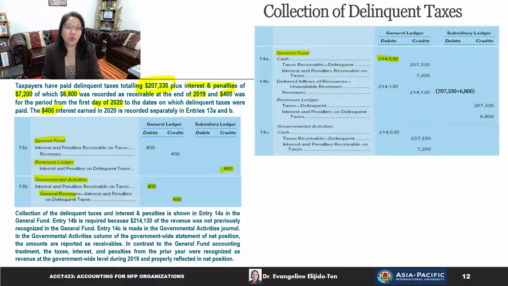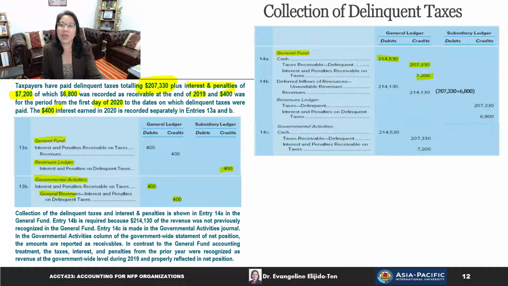That's the full payment of 207,330, the delinquent tax, plus the penalties and interest, 7,200. What do we credit now? We credit taxes receivable delinquent for 207,330, and credit the interest of 7,200.